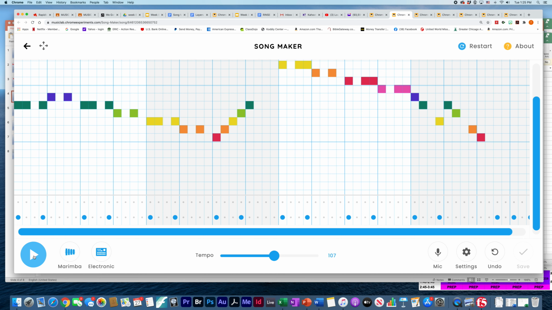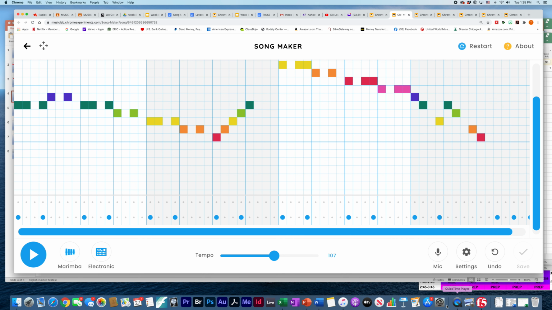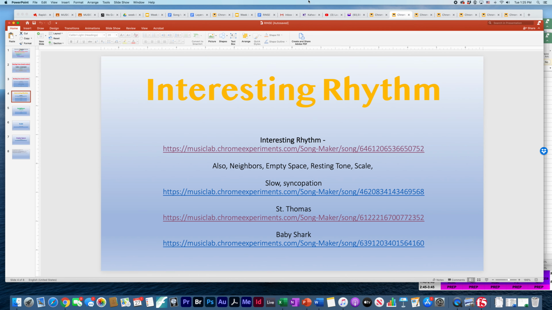So I've got an interesting nugget, da da da da da, and then I use that to create my melody. Okay, so that's just a quick example of what you could do.